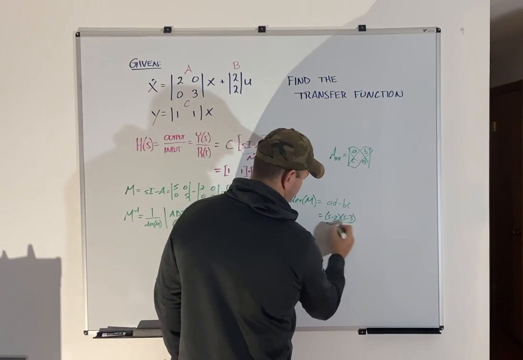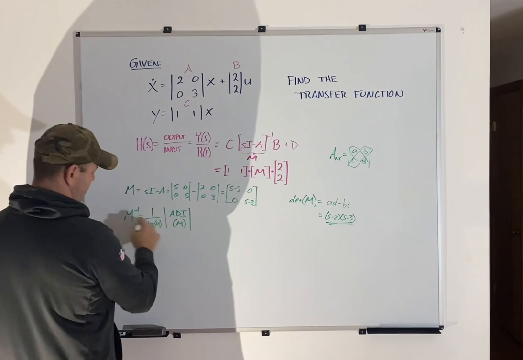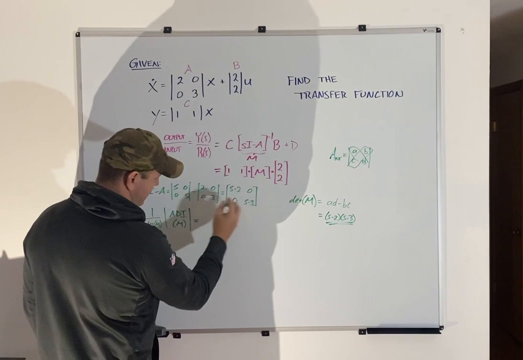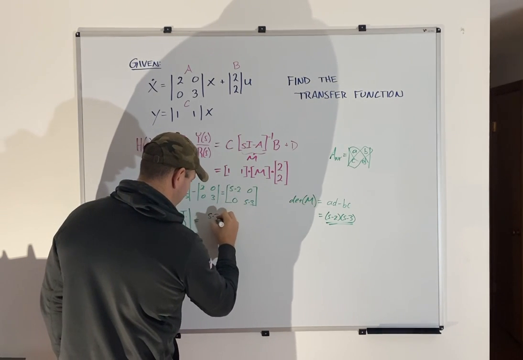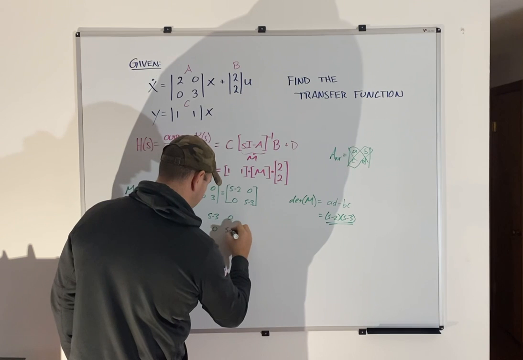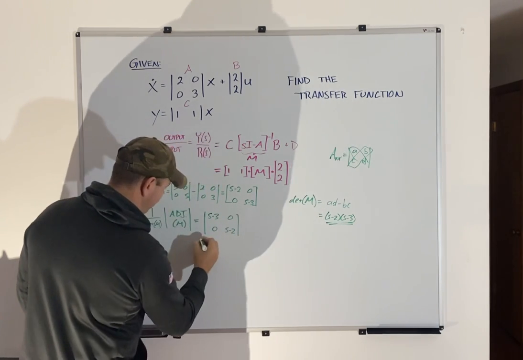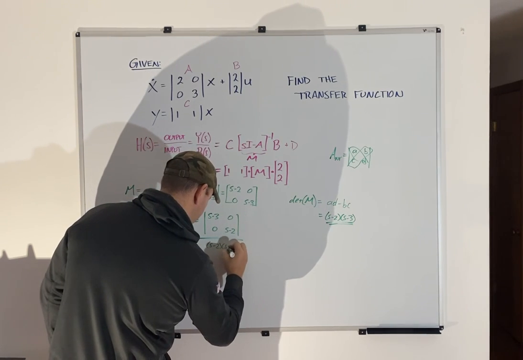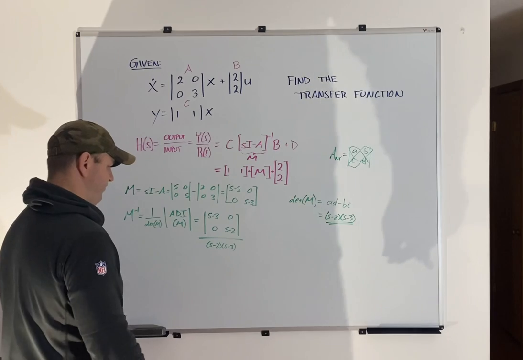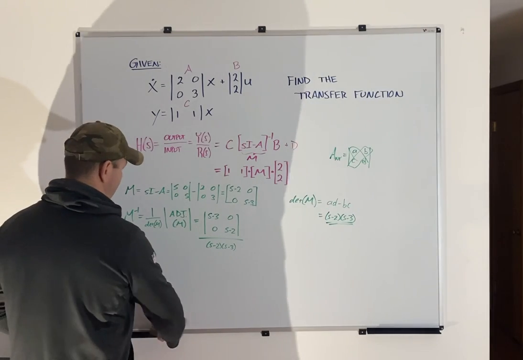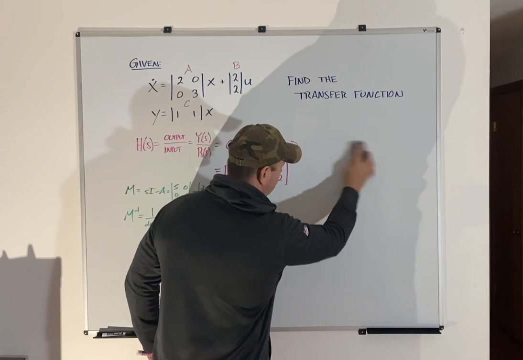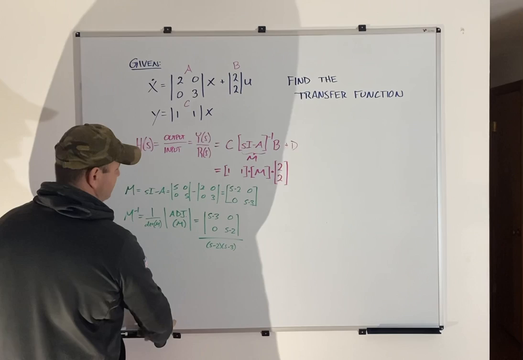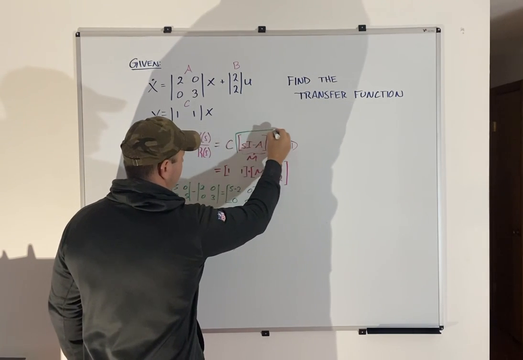So 1 over the determinant times the adjunct matrix here. We're going to switch the diagonal entries, so it's going to be s minus 3, 0, 0, s minus 2. And then we're dividing everything by the determinant, which was (s minus 2)(s minus 3). We have M inverse, and that's going to take care of this whole thing right here.